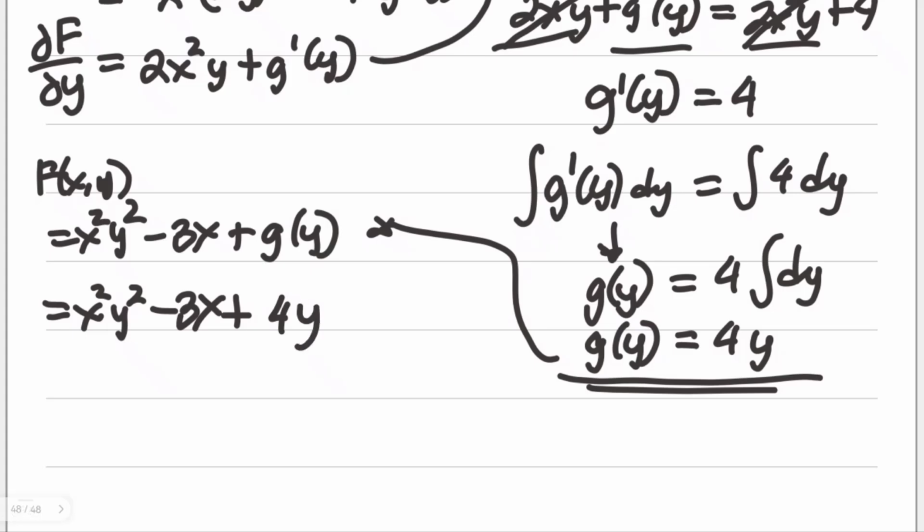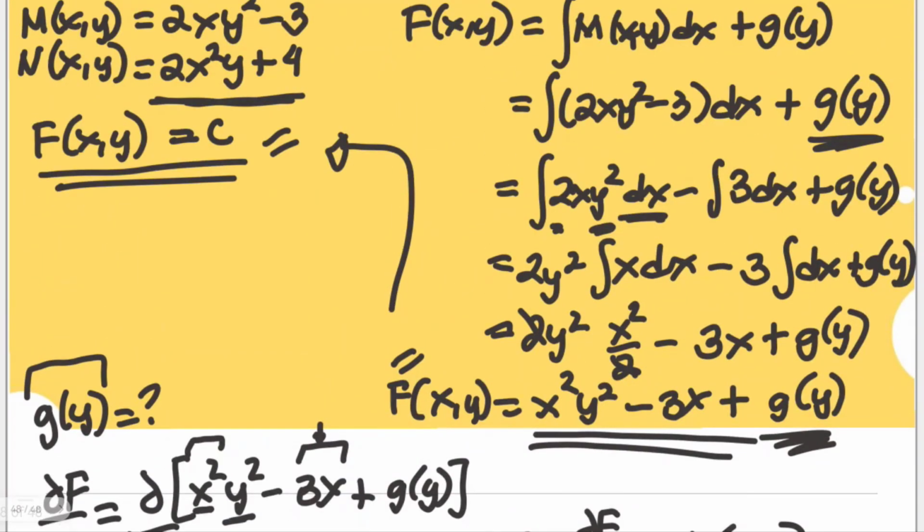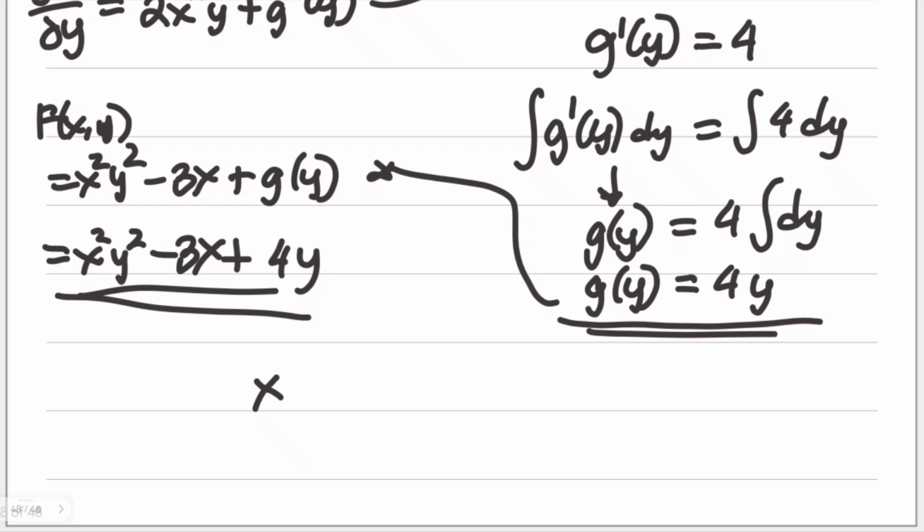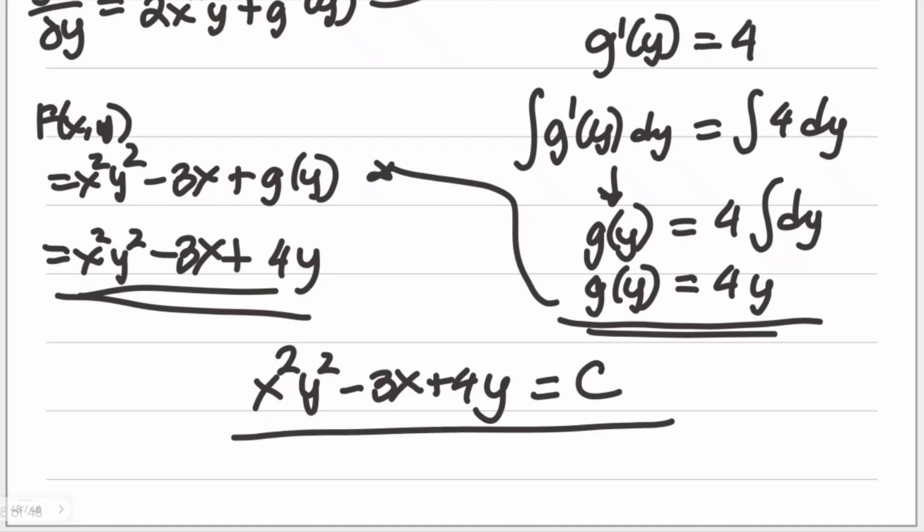And this is now the answer. But of course, you will be expressing it in this form: your function is equal to your constant c. Since this is your function, just simply equate it to c: x squared y squared minus 3x plus 4y equal to c. And this ends the process of solving this exact differential equation.